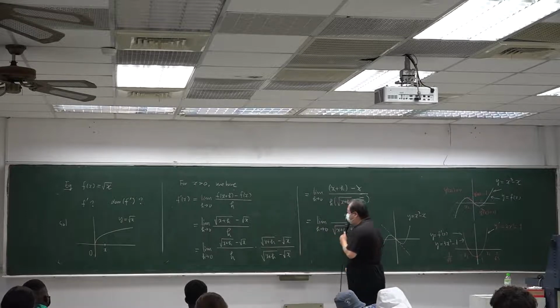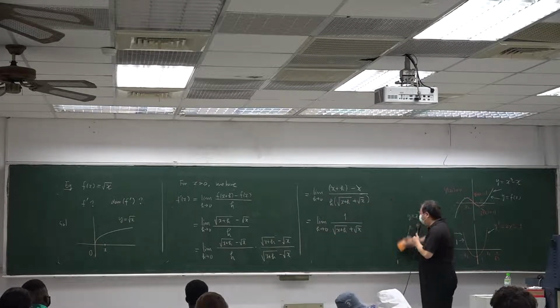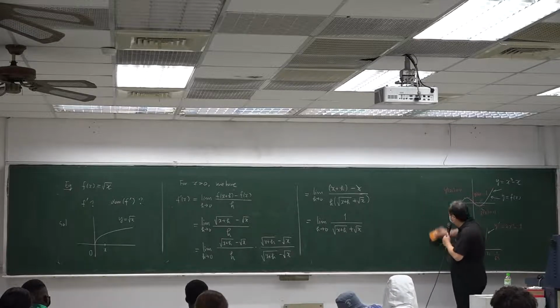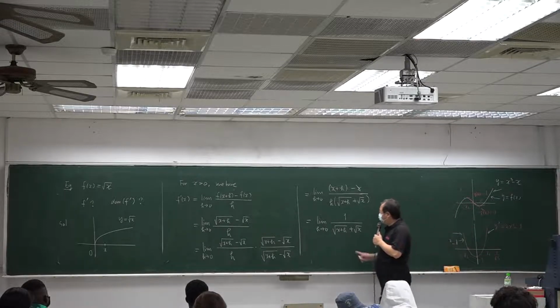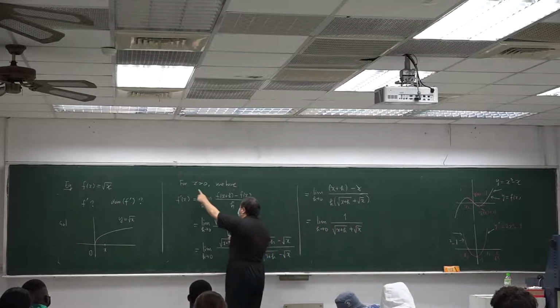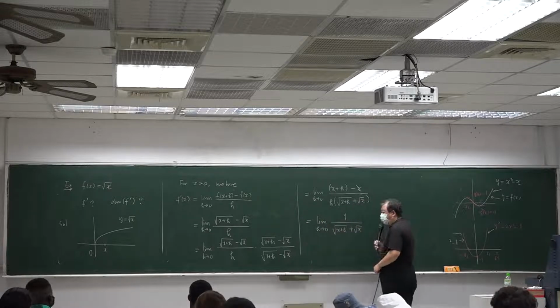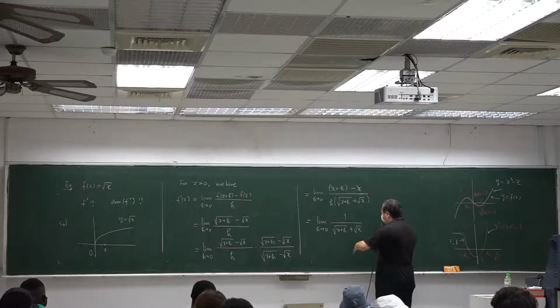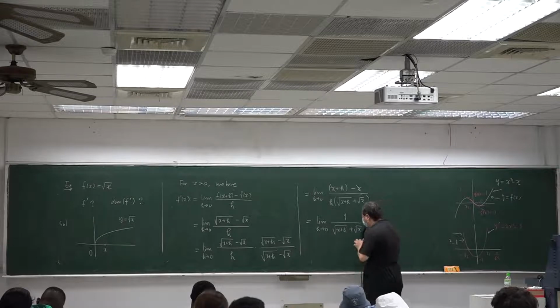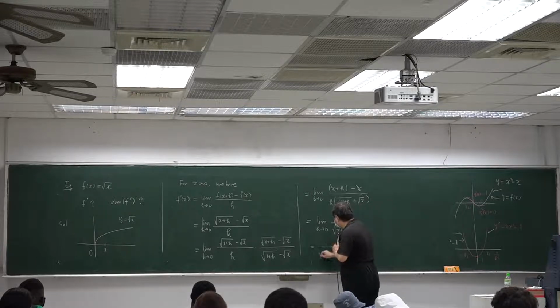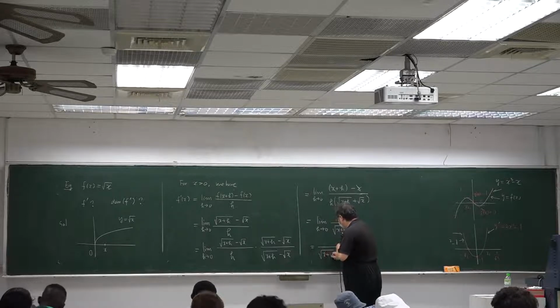Since the square root function is continuous on any positive number, and x plus h is a polynomial in h, the limit of this one can be evaluated by direct substitution. And this one is positive, so everything is legal.